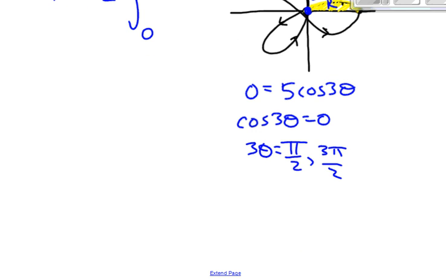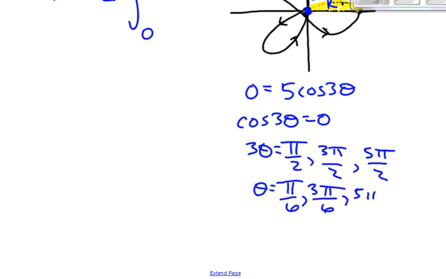So when I divide by 3, and the reason you want to do the "and so on", because as I showed you, you're going to cross through that pole 3 times, is because when you divide by 3, those thetas are going to now lie within 0 to 2 pi. So when I divide by 3, you'll actually get pi over 6, and then 3 pi over 6. You also want to include 5 pi over 2, which would be the next value.